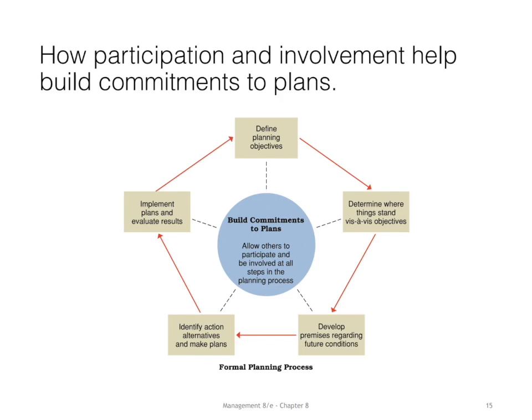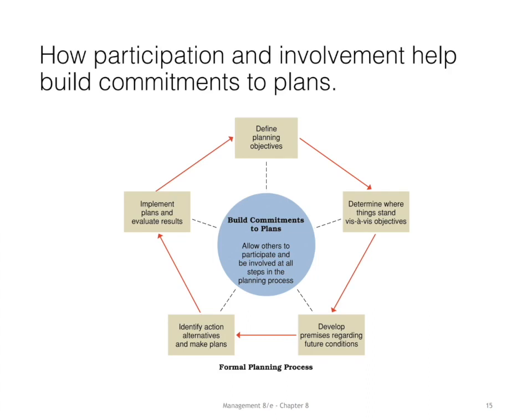We can illustrate here that participation and involvement can help build commitment to the plan, because we allow other people in the organization to participate in the planning. So they have good information about the plan.